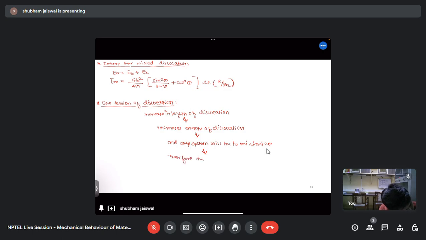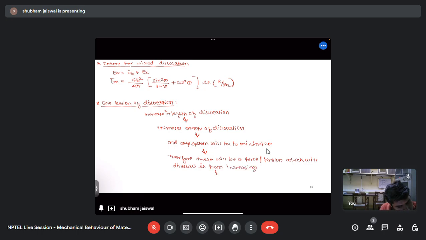Therefore there will be a force or tension which will disallow it from increasing.